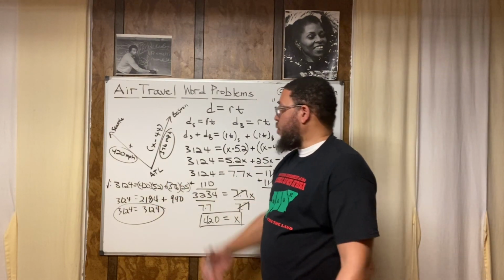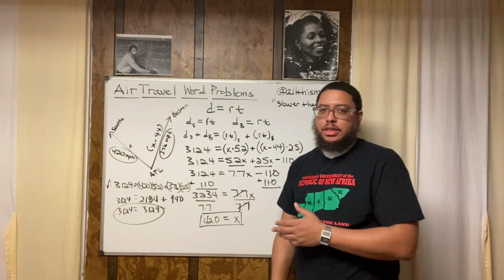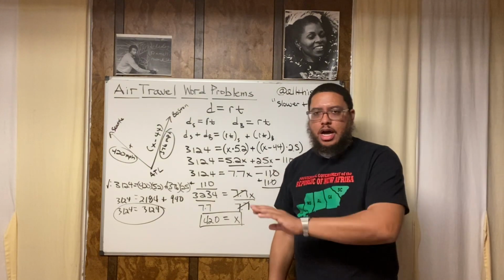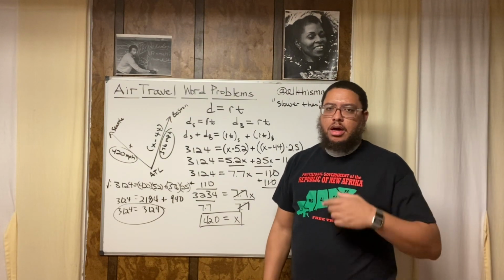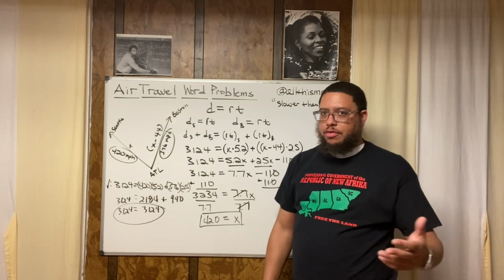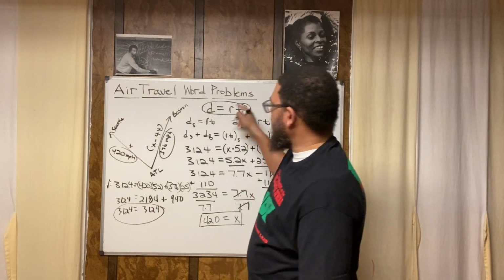All right? So, this is how we do some of the travel word problems that you may see, whether it's a problem dealing with the distance, speed, or time of a train, a plane, a boat, a car, a bus, whatever, right? You follow this formula right here. This is a very important formula.